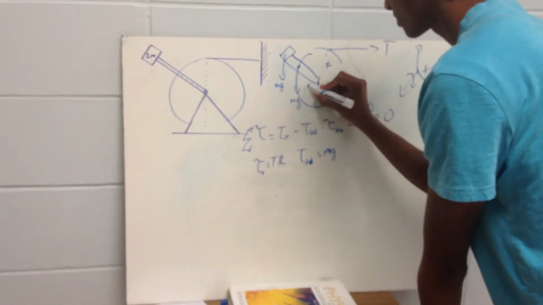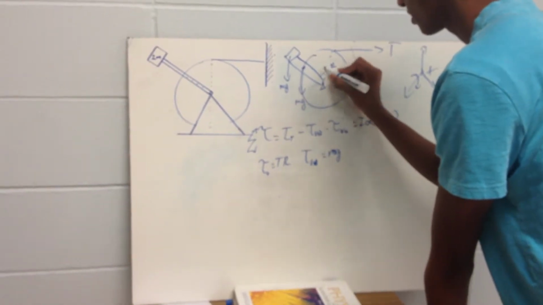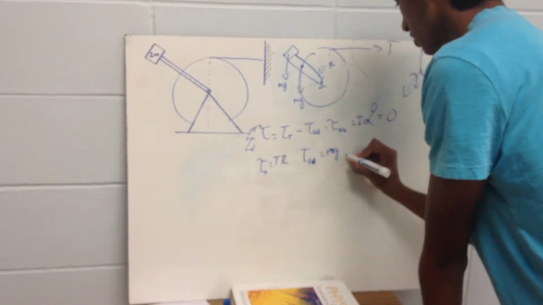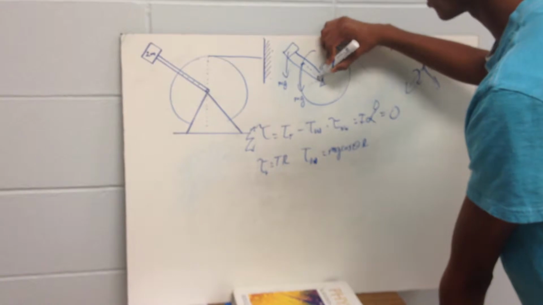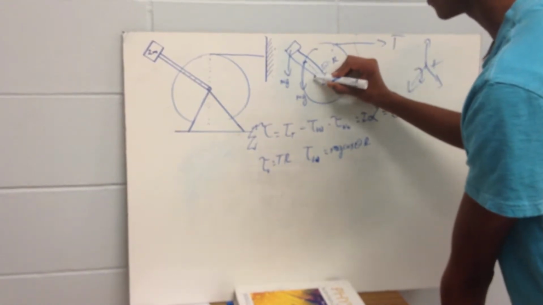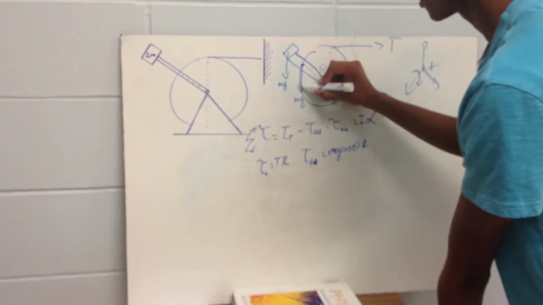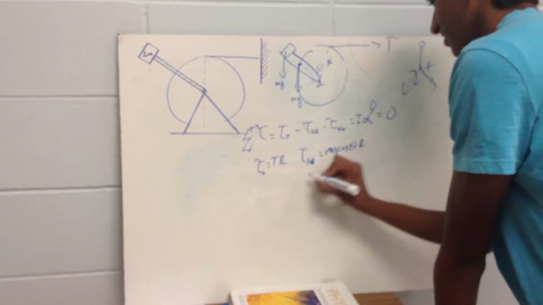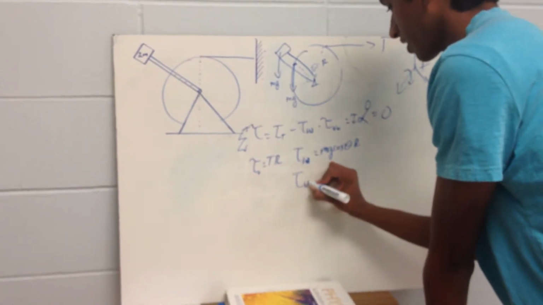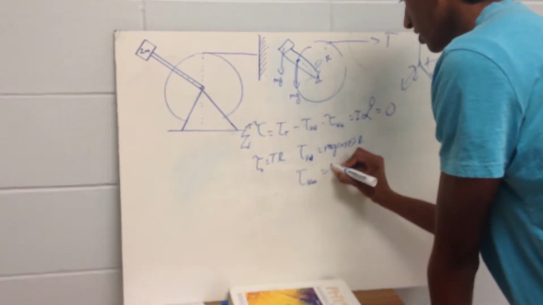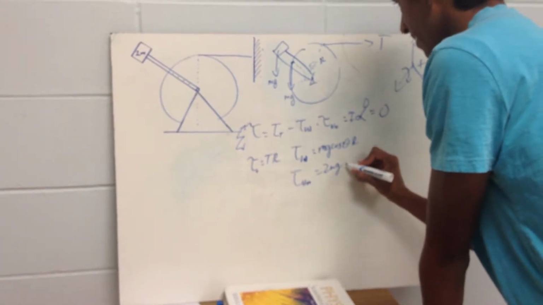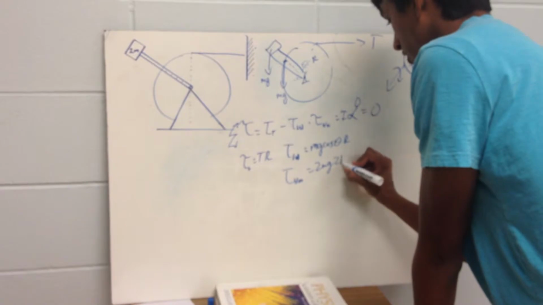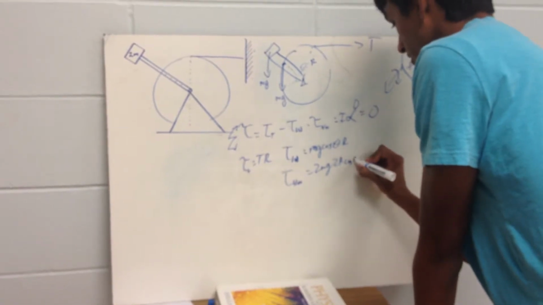But because it's a certain distance away from the center, it's going to be mg cosine theta r, because the hypotenuse of this triangle is r, and this angle is 90 minus theta, so it would be cosine theta r. And then our torque of the block is going to be 2m, because it's twice the mass of the rod, times g. And because it's 2r away, it's going to be 2r cosine theta.